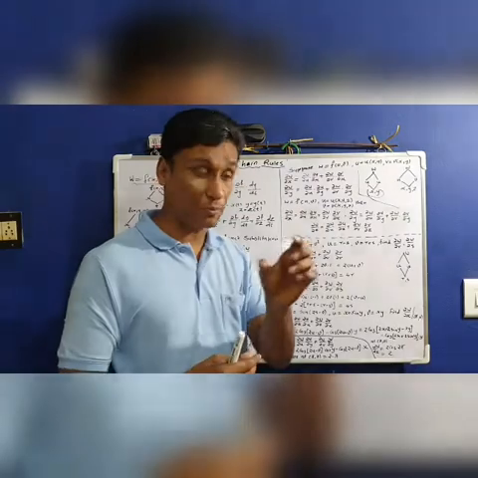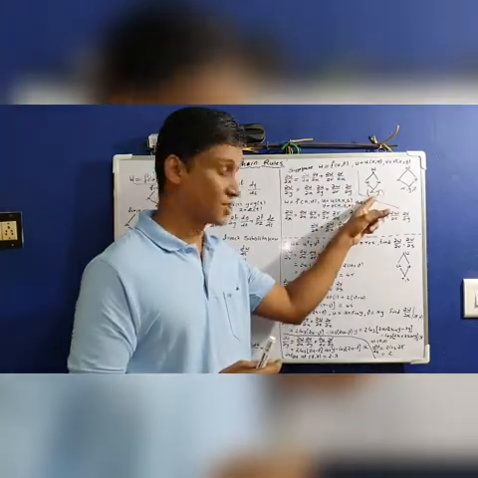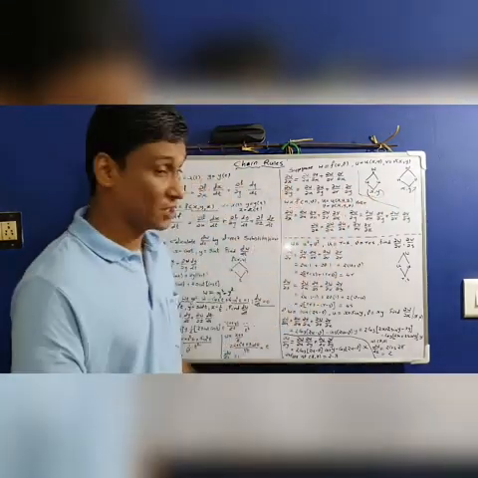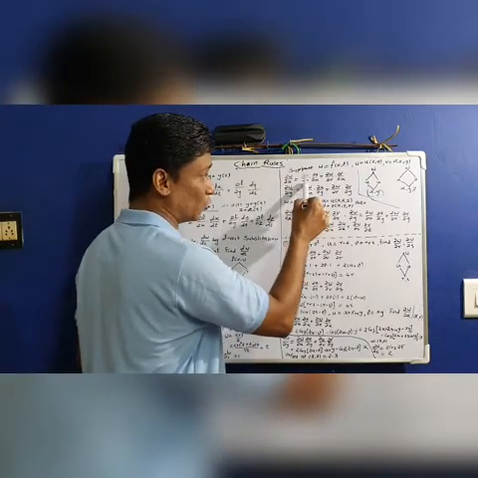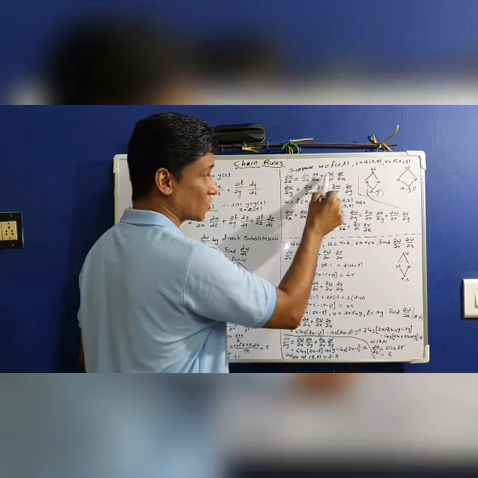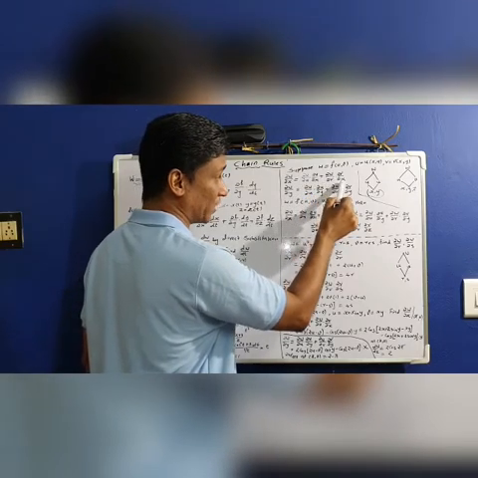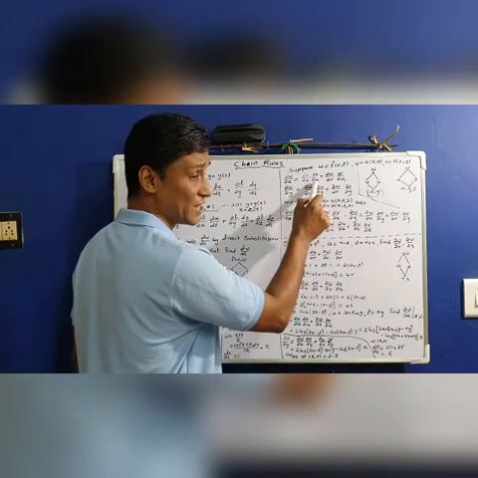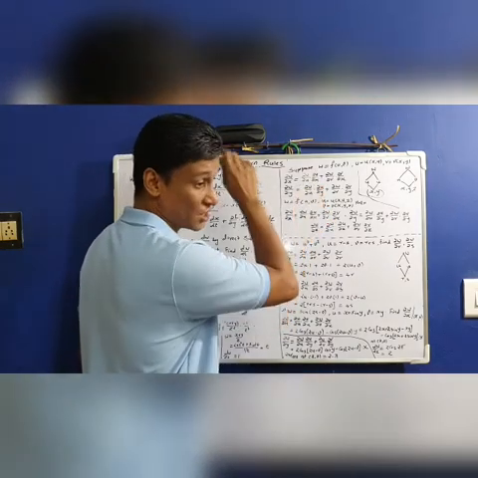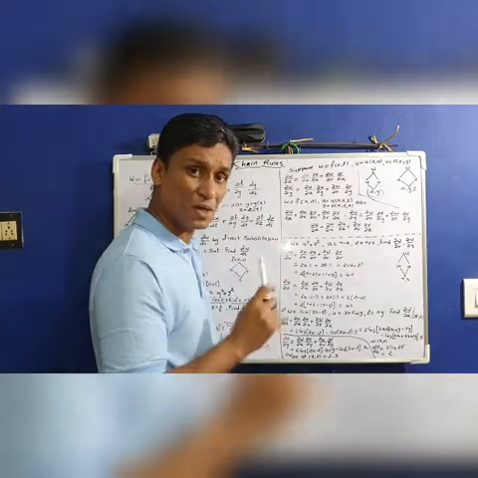So remember that w is a function of two variables x and y. The chain rule gives us ∂w/∂x equal to ∂w/∂u into ∂u/∂x plus ∂w/∂v into ∂v/∂x. In the previous case, it was ∂w/∂u into du/dt, because there it was only one variable t. But here there are two variables.